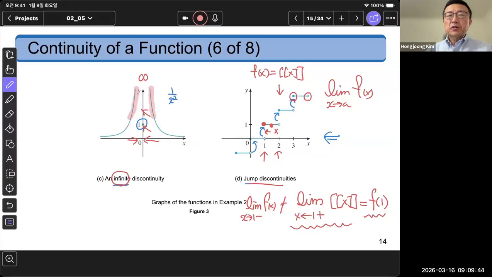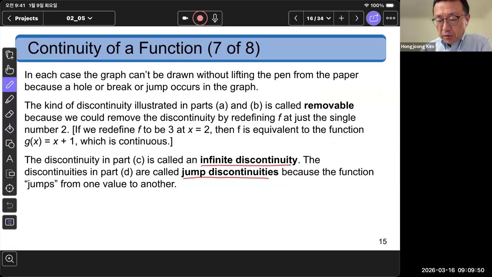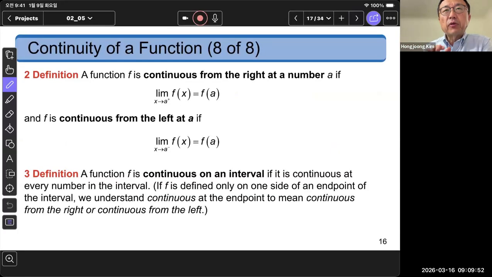So if a real function satisfies such a property, then we say the function is continuous from the right at 1, because the function satisfies this relation.